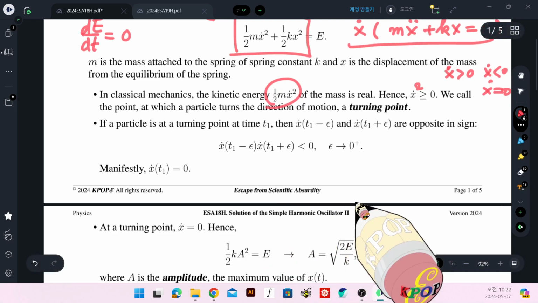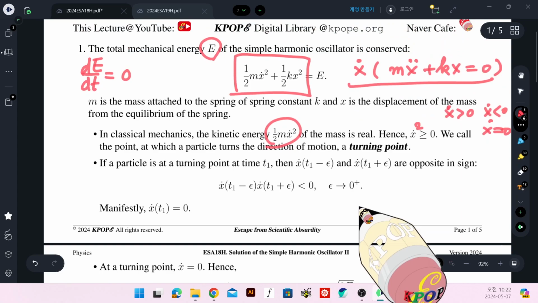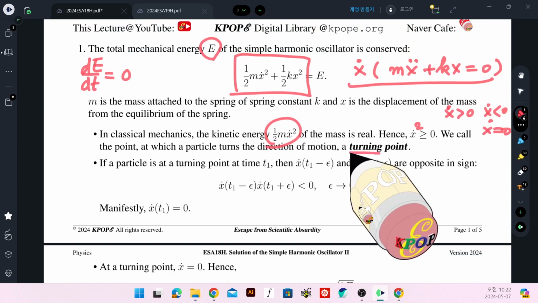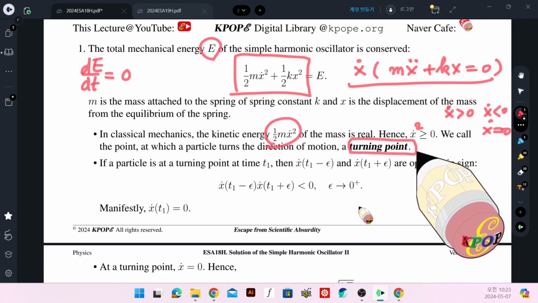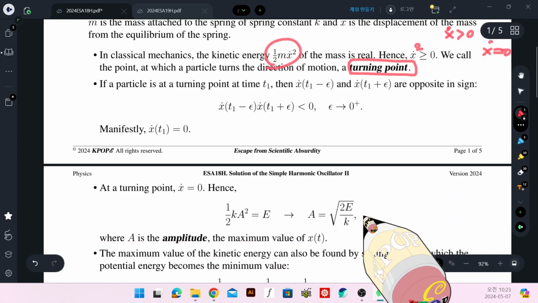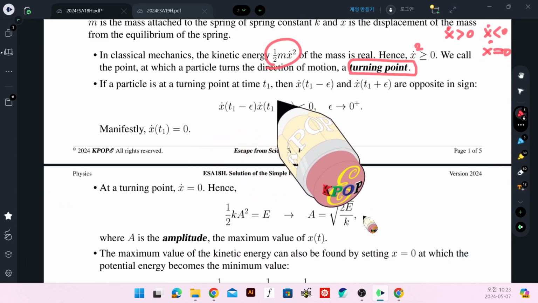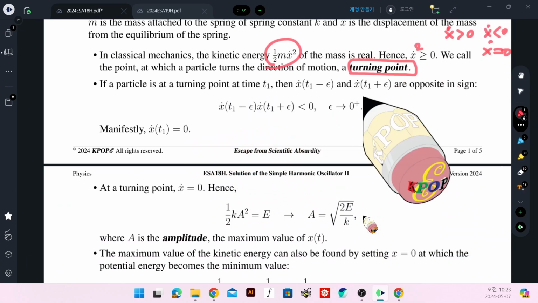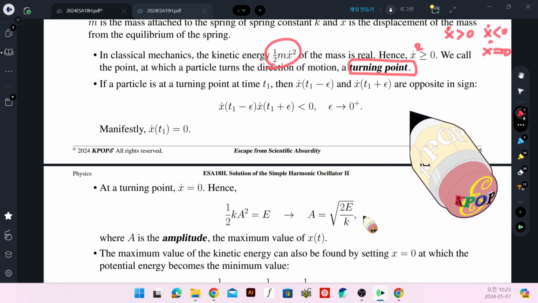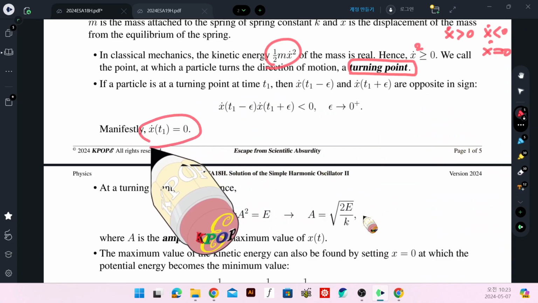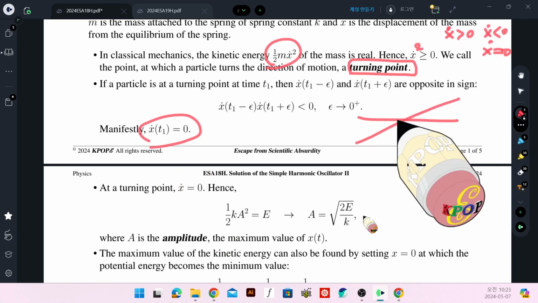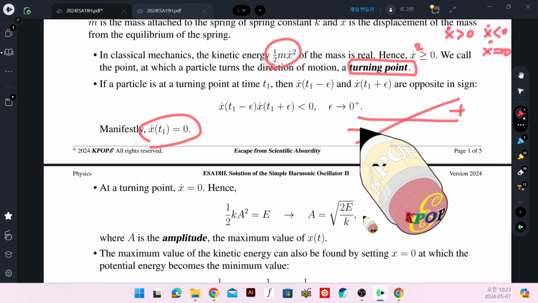So we call a point at which it changes the sign of the velocity the turning point. If a particle is at a turning point at time t1, so at time t1 the velocity becomes 0, and it crosses, so the positive and negative.